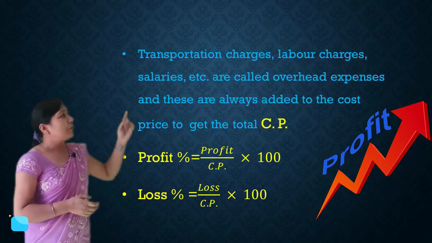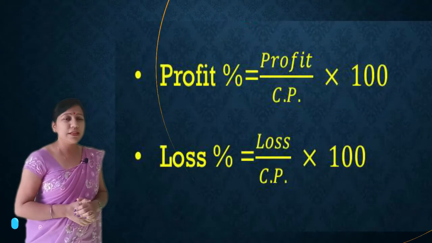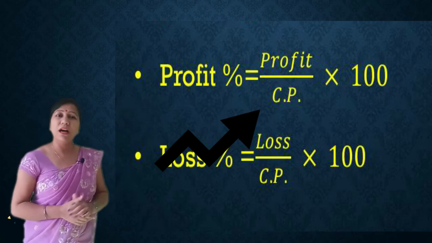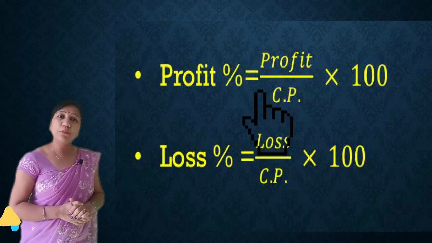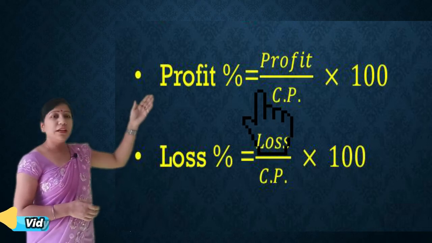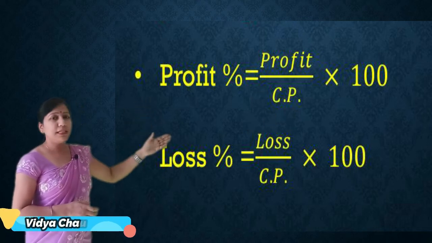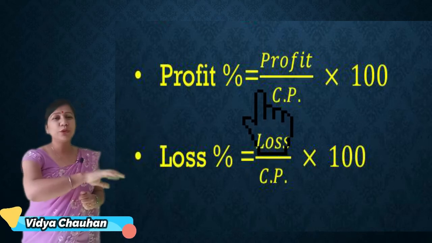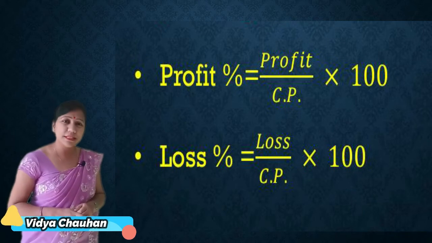So for profit percent, the formula is profit upon CP multiplied by 100. What is the formula for profit percent? Profit in rupees upon CP multiply by 100. Why are we multiplying by 100? To convert the value into percentage.